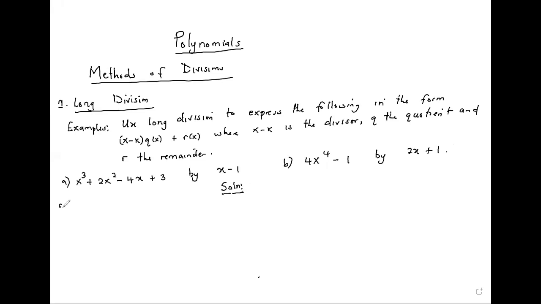For the first one, we put x minus 1 here and then draw this, whose x3 plus 2x squared minus 4x plus 3 is the dividend.